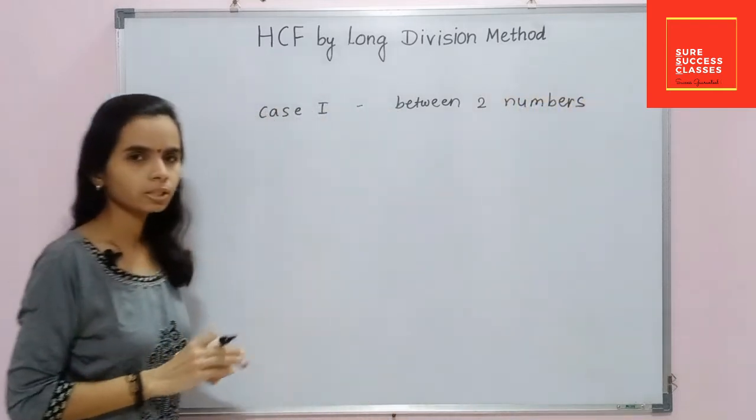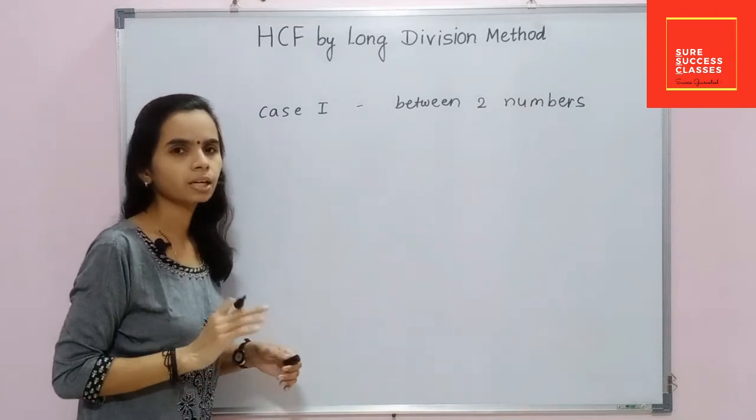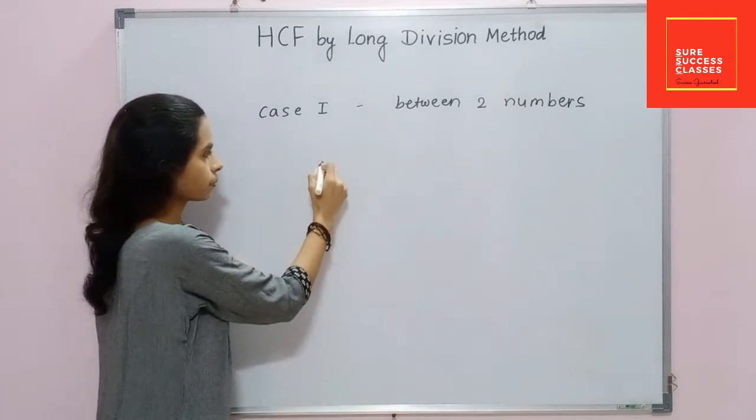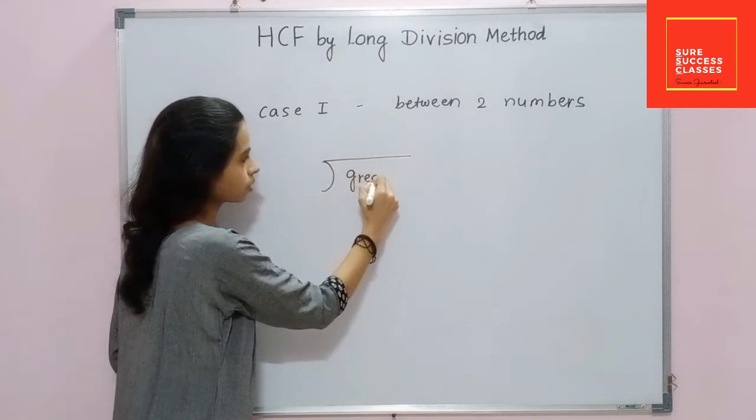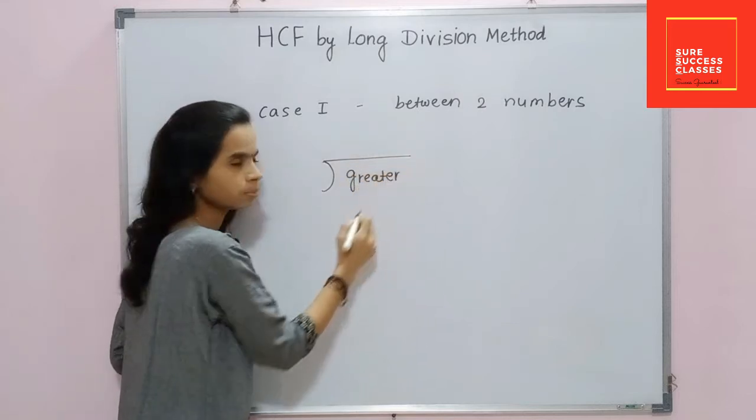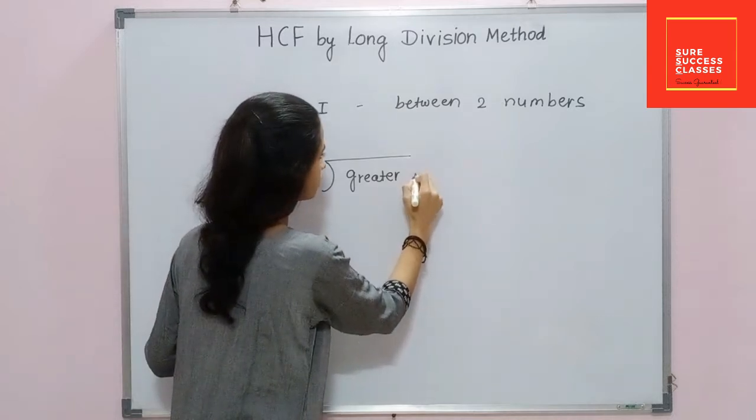When we find out SCF between two numbers, we will always divide the greater number by the smaller number.